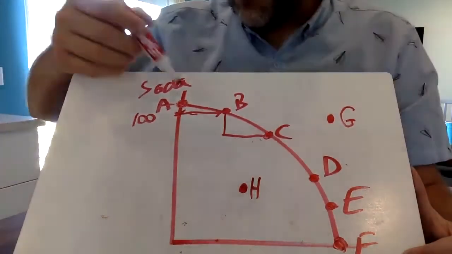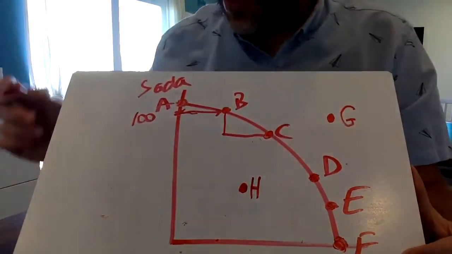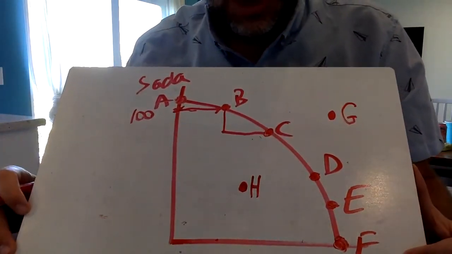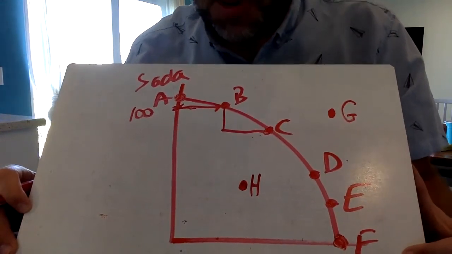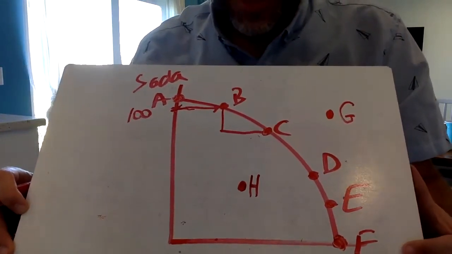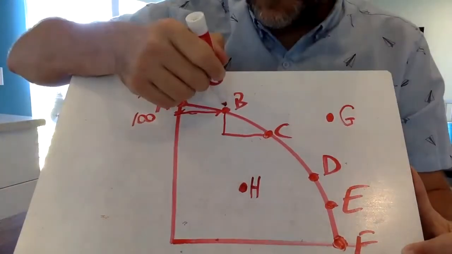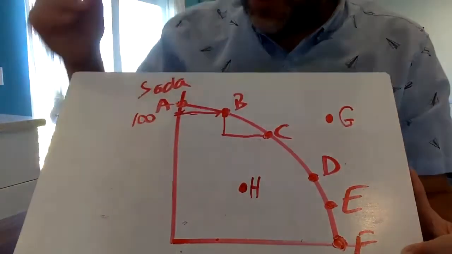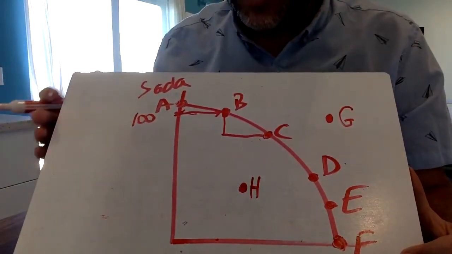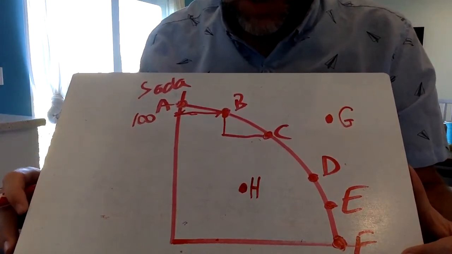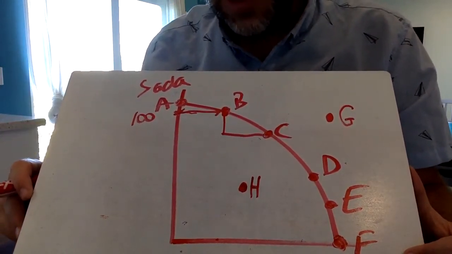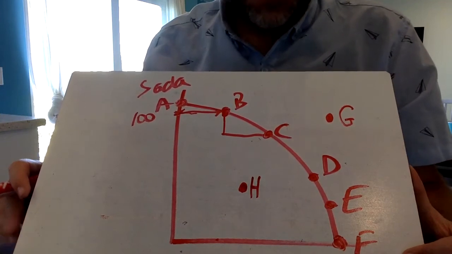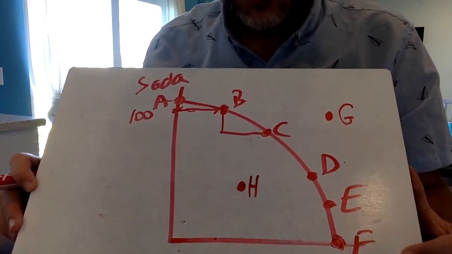But you might say, well, A is not a very smart choice. If we have 100 liters of soda and no cups, how are we going to drink it? Okay, so maybe the best combination for society, maybe B is the best, where we have 95 liters of soda and we have 100 cups that we can use to drink that. Now, it depends maybe how many people we have coming to our party.